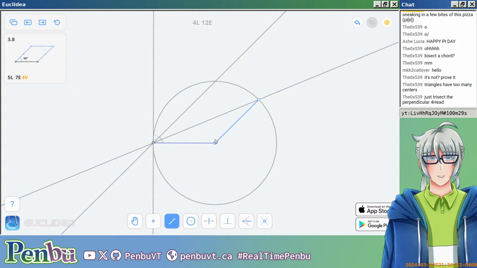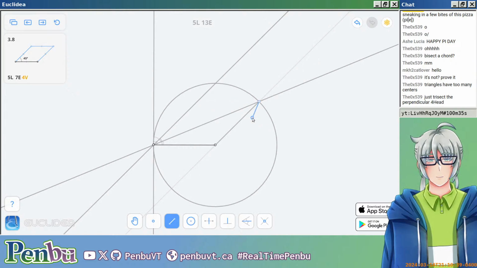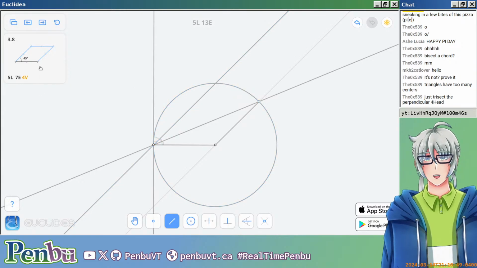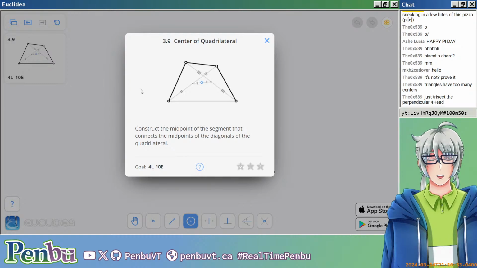But then we know that this point and then this point, or well, I guess we don't have the other points. Can we construct that? No. We're gonna move on. We did get 1 extra star already, so I'm gonna count that.